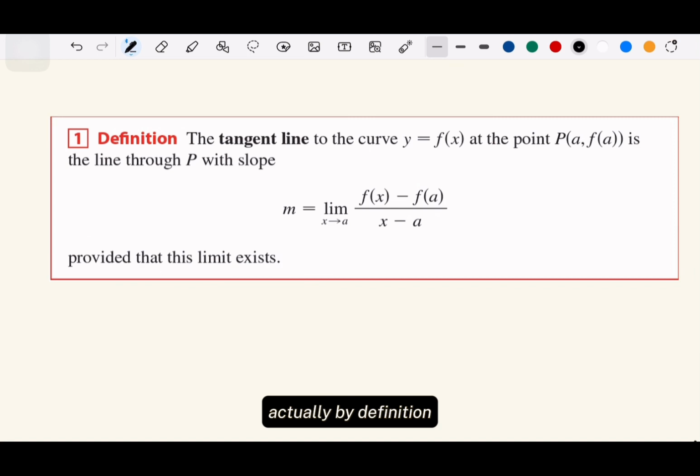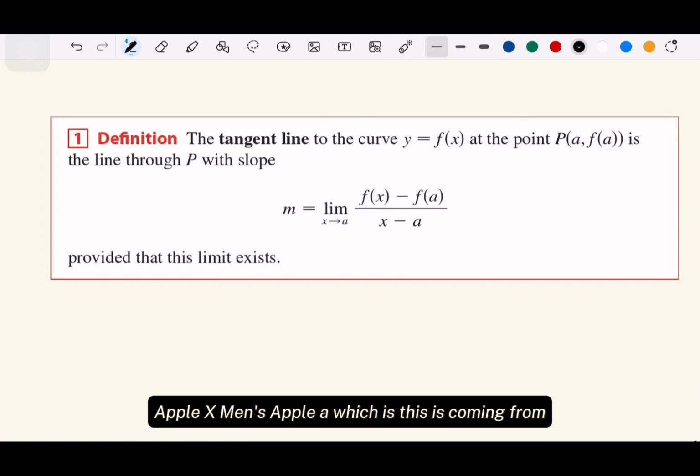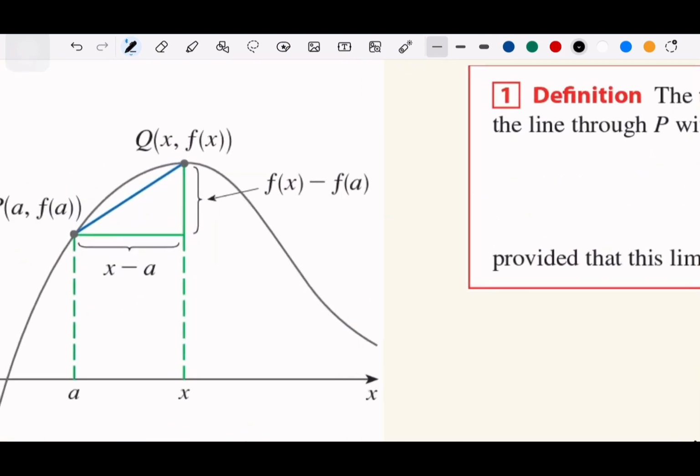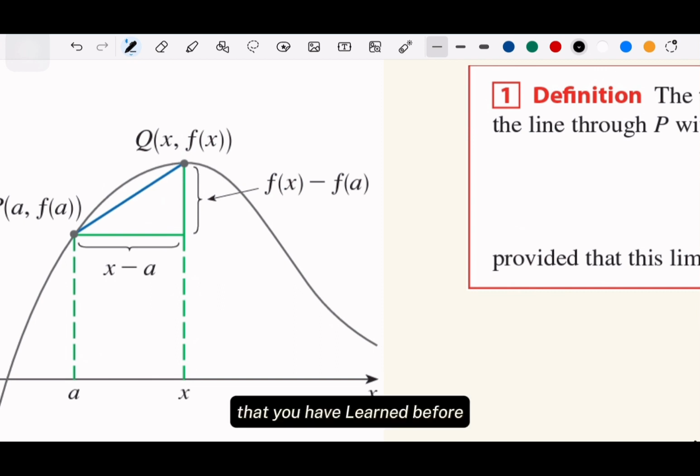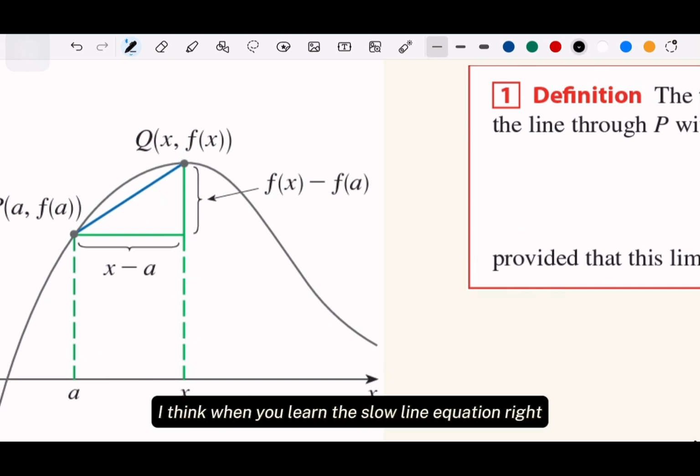And then we define that we can approach that. Actually, by definition, the slope or the gradient, or you could say the tangent, is the limit as x approaching a of f of x minus f of a over x minus a. This is coming from this triangle that you have learned before, I think, when you learned the slope line equation.